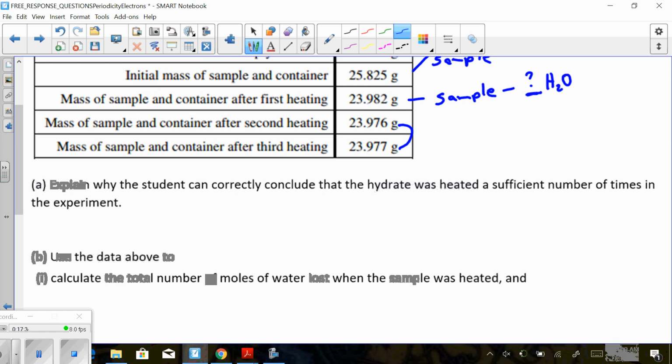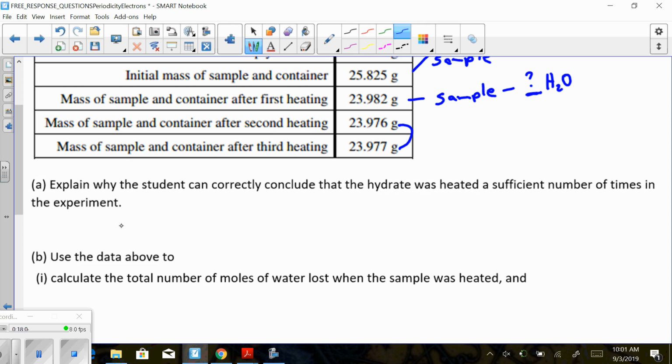It says, explain why the student can correctly conclude that the hydrate was heated a sufficient number of times in the experiment. If you heat it and check the mass, and the mass decreases like it did between the first and second, that means you still had waters of hydration given off. But the second and third time, I heated it and there was a negligible change of mass. That means that all the water was already gone.